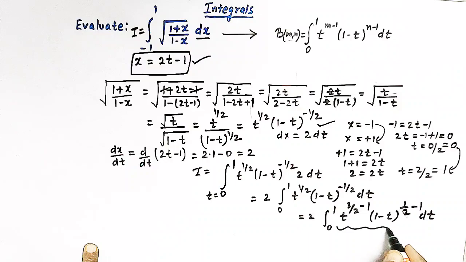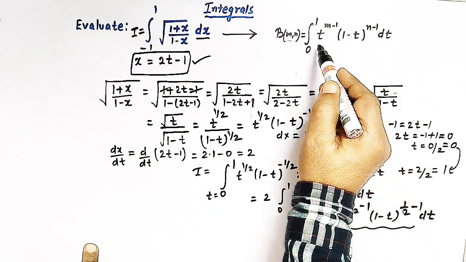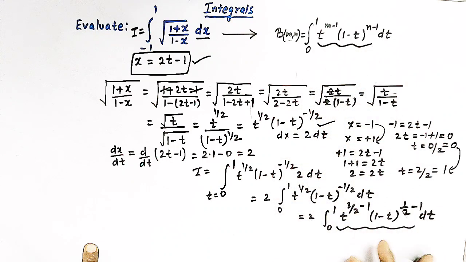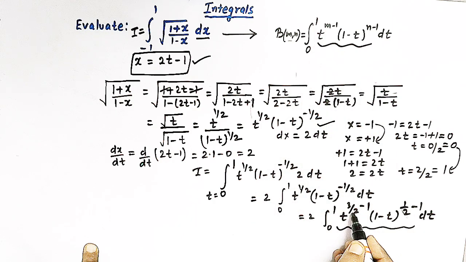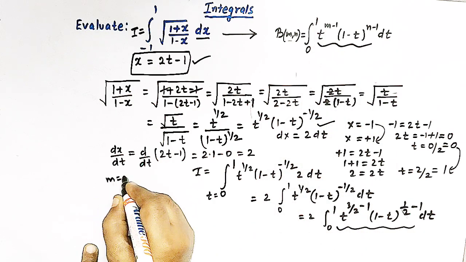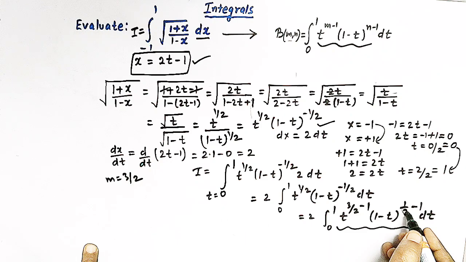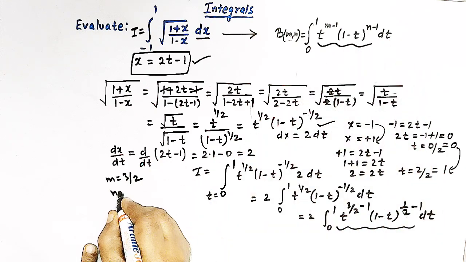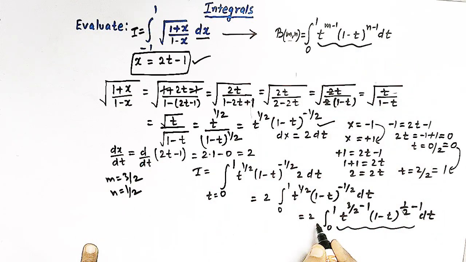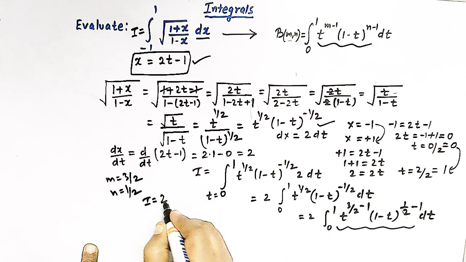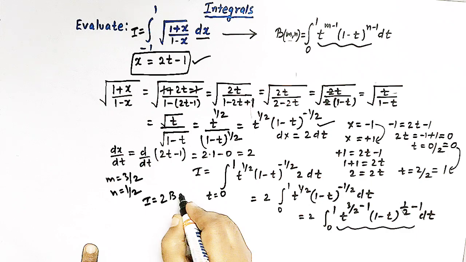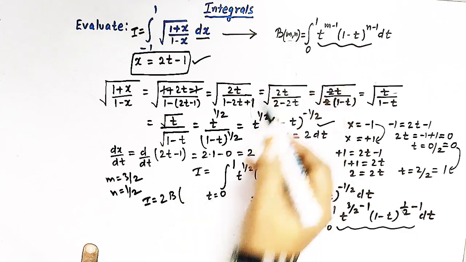So now this integral is similar to this one, and if we compare this integral with this one, then the value of m is 3 by 2, and the value of n is equal to half. So now this integral I is equal to 2 times the beta function, that is beta m comma n.